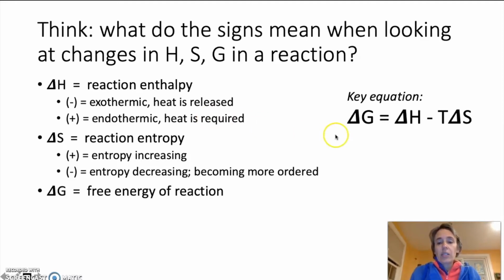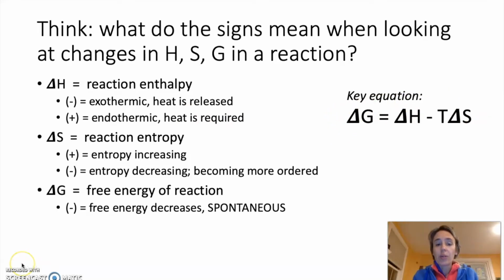Looking at that key equation, we already defined what counts as favorable in terms of enthalpy and entropy. We know that a negative value for delta H, an exothermic reaction, is favorable. And we know that increasing entropy, so positive values for delta S, is favorable. If those two things are favorable, mathematically we're getting a negative value here and then we're subtracting a value here.